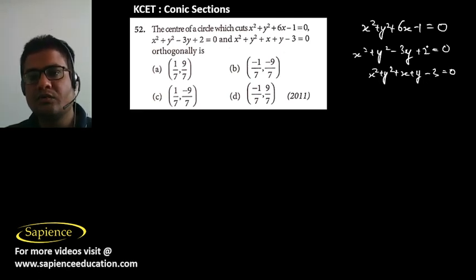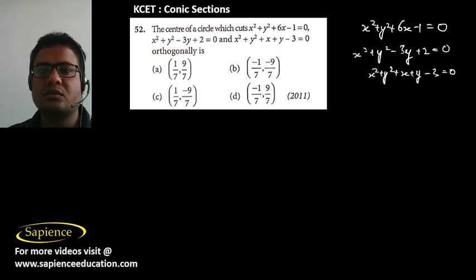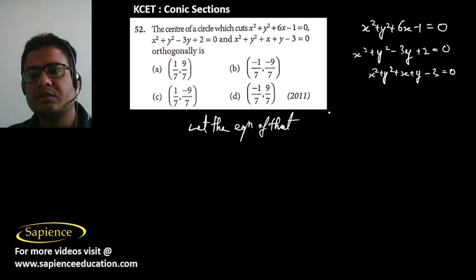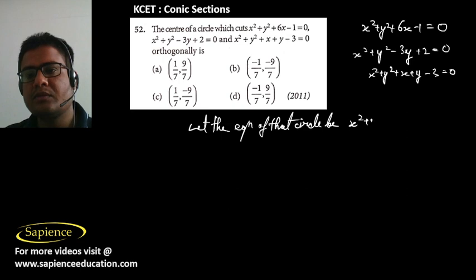So we have to find the center of a circle which cuts all these 3 circles orthogonally. So let the equation of that circle which cuts all these 3 circles orthogonally be x square plus y square plus 2gx plus 2fy plus c equal to 0.